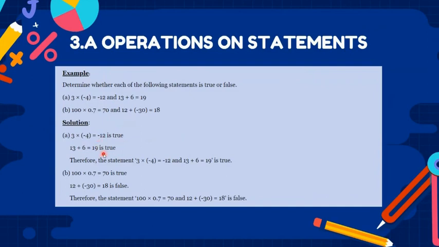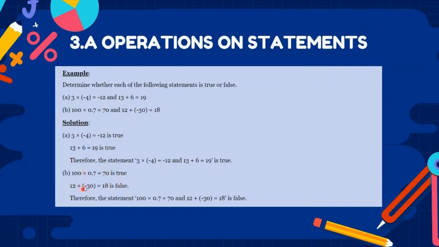Since both of these statements are true, therefore the statement "3 multiplied by -4 equals -12, and 13 plus 6 equals 19" is true, because both of the statements are true. For question B, 100 times 0.7 equals 70. If we calculate it, it is true.